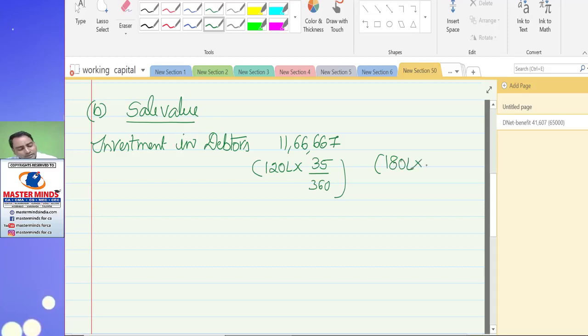In proposal case, 180 lakhs is the sales, 50 days credit, 180 into 50 by 360.